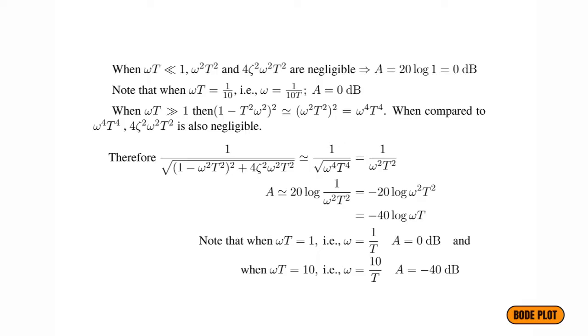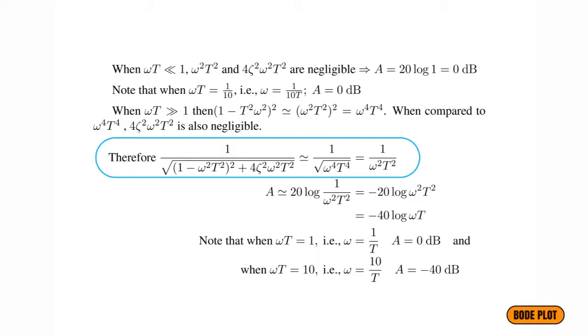That's why we neglect this as well as this, and it becomes square root of omega power 4 tau power 4, that is equal to 1 by omega square tau square. How are we taking the approximation? We neglect both the 1 as well as this term when compared with omega power 4 tau power 4. So we got this expression.